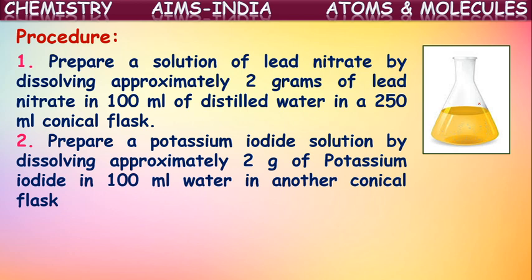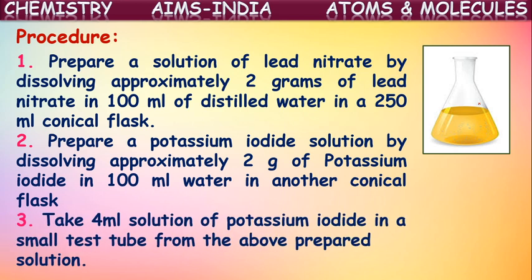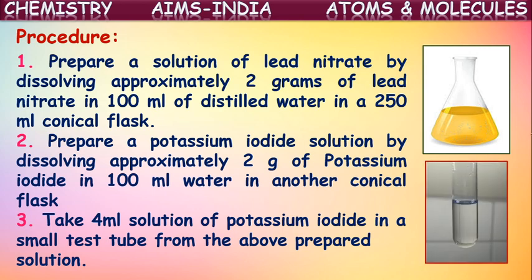In this way, two solutions are prepared in two conical flasks separately. Now, from the potassium iodide solution, 4 ml is taken into a small test tube from the conical flask. Now these two we are going to use for the activity.